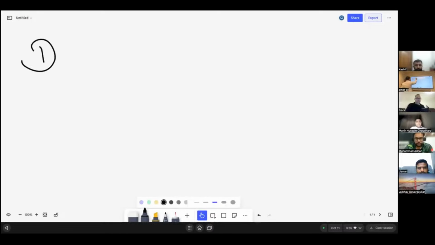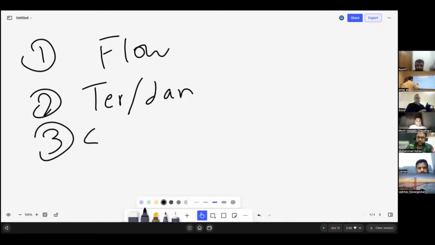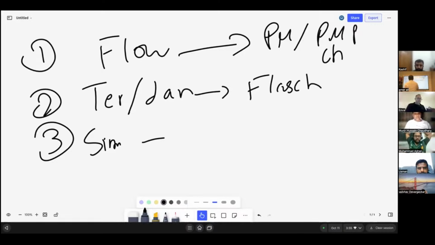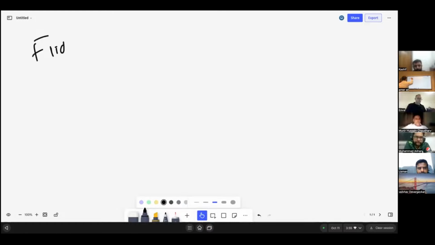You need to know the flow of the PMP, the terminologies or language, and third is the simulator, because you need to solve questions. Flow: the PMP booklet and PMP checklist. Terminology: the flashcards. And the simulator to solve questions.